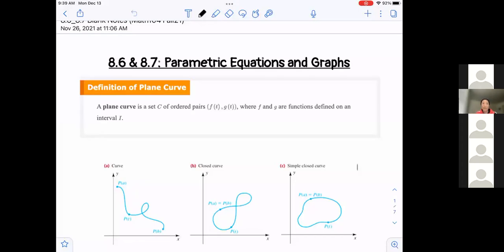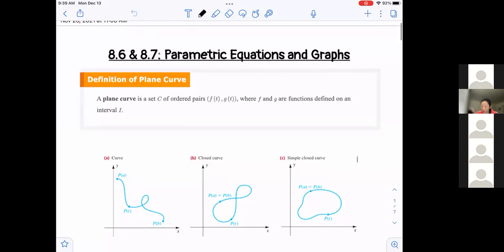All right, so we are going to finish up this semester with a short section on parametric equations and graphs. And so this is sort of the other way of graphing things. So far we've looked at rectangular coordinate systems.